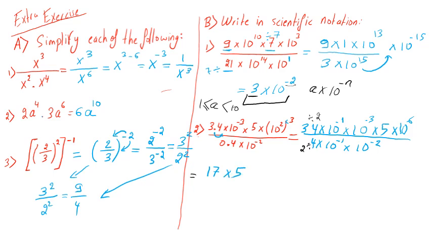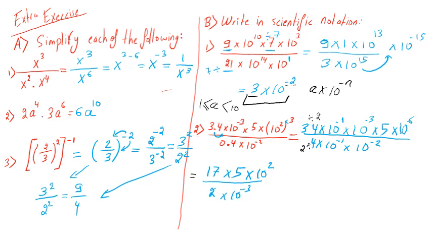Powers of 10: minus 1 minus 3 equals minus 4. Minus 4 plus 6 is 10 power 2 over 4 divided by 2, and 10 power minus 1 and 10 power minus 2 is 10 power minus 3.